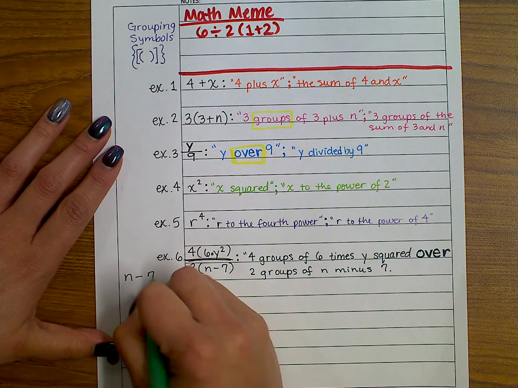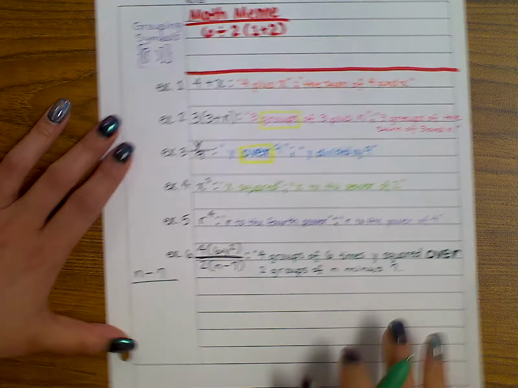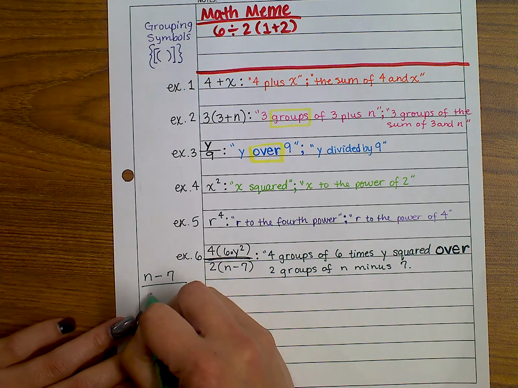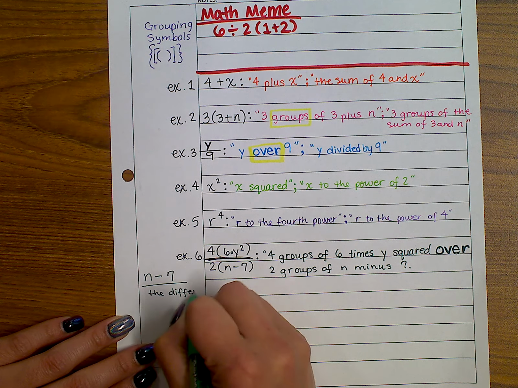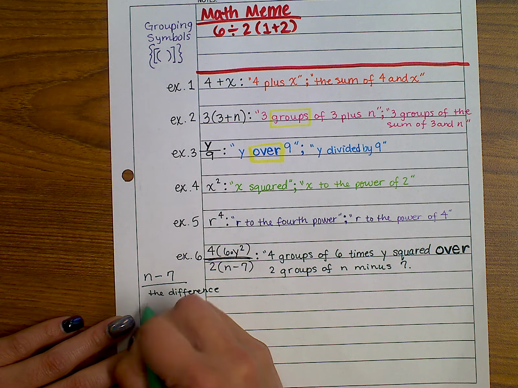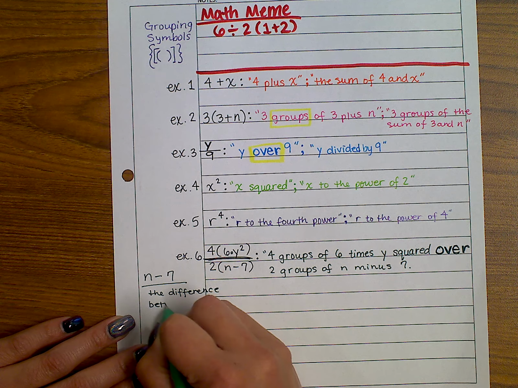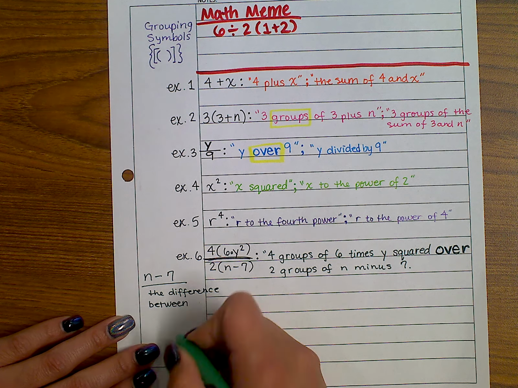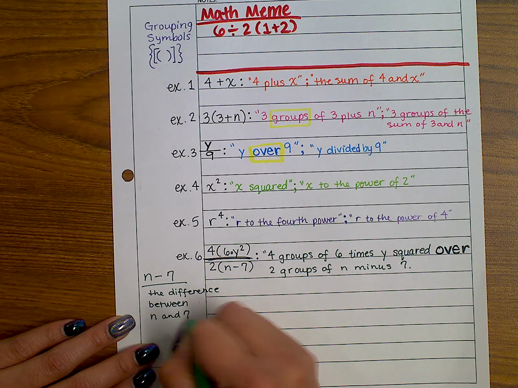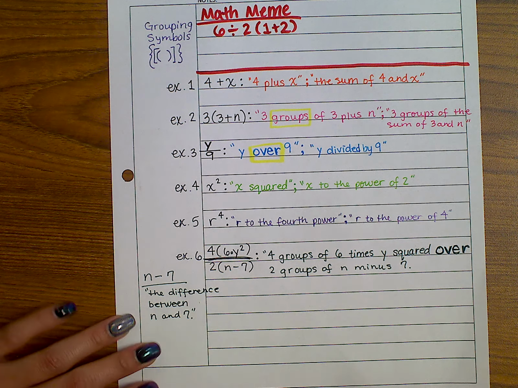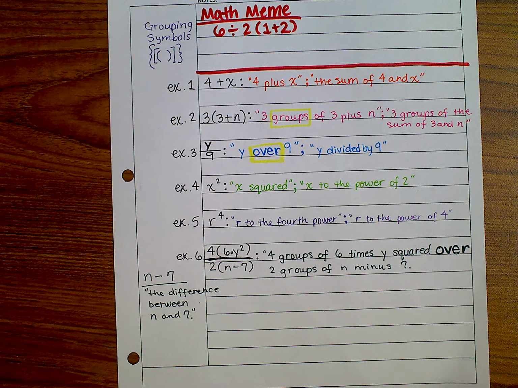N minus 7. That can also be written as the difference between n and 7. Yes, I can also take that one.